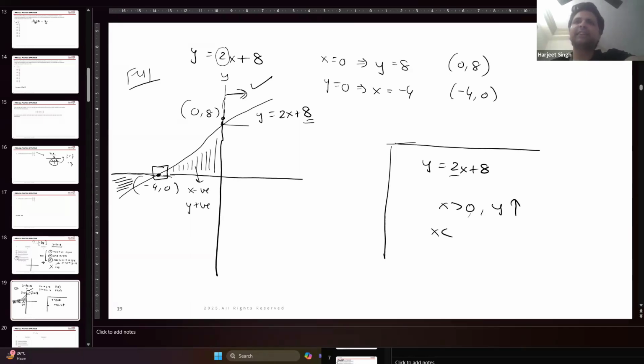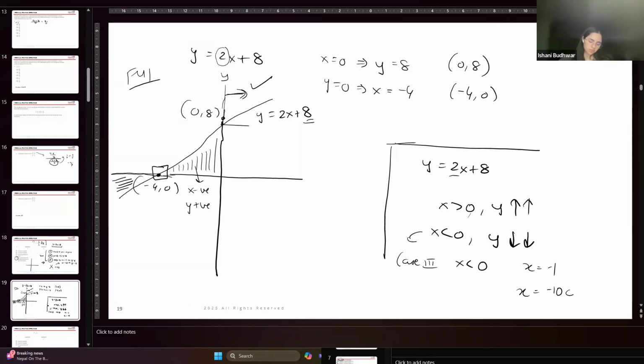But when x is negative, y will decrease at twice the amount. And that's why you need to be careful. Which is why in my third case, when I was inspecting x less than 0, I took a small value of x and a large negative value of x. I could have also taken 100, -100, to be sure that it's sufficiently large.